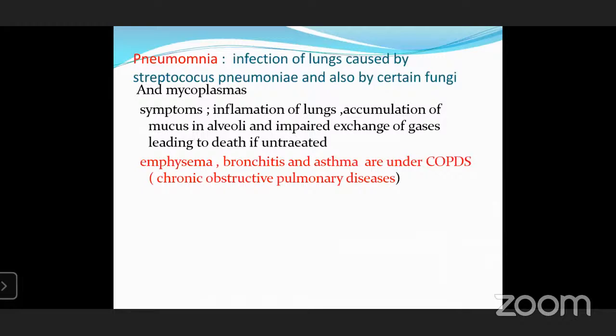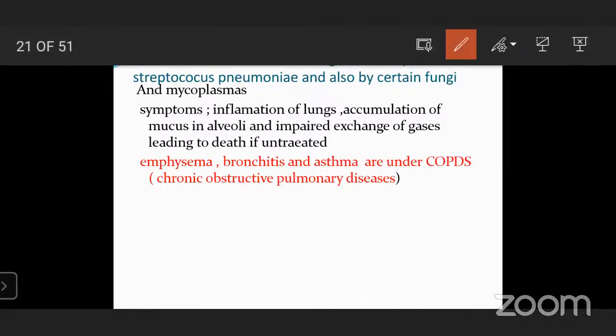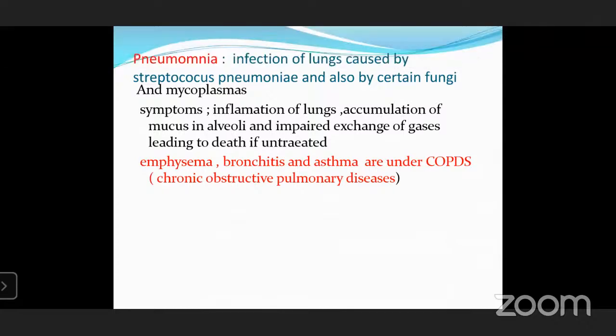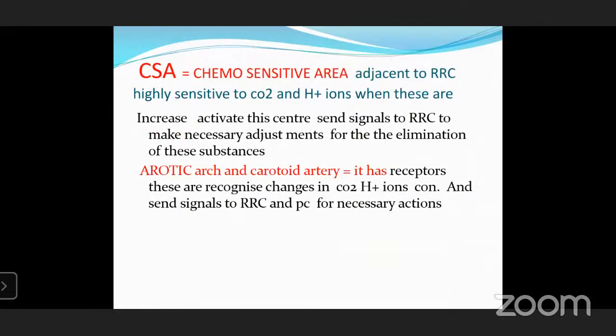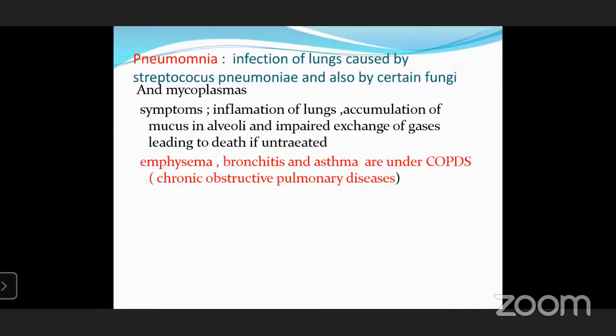And next one, pneumonia, which is very important. Pneumonia is an infection of the lungs caused by Streptococcus pneumoniae, which is a bacterium, and also by certain fungi and mycoplasmas.